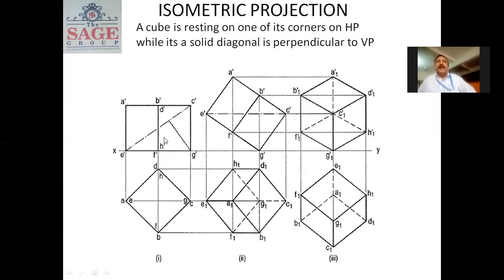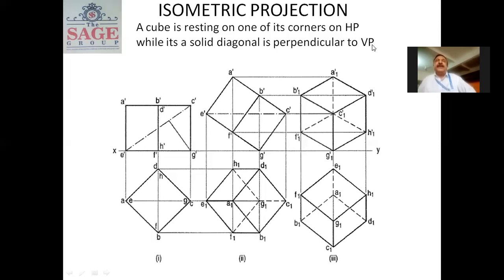Okay, now we have to draw a solid diagonal. And this solid diagonal we first make parallel to HP. When we make it parallel to HP, it is automatically parallel to VP. And lastly, we have to make it perpendicular to VP.